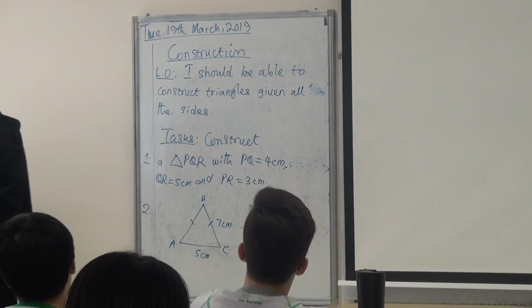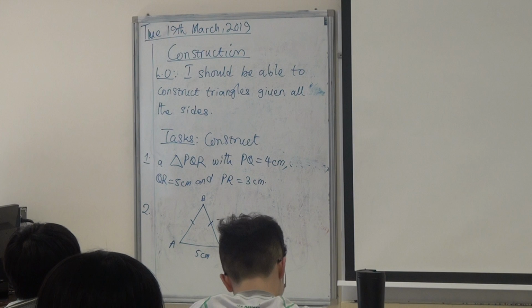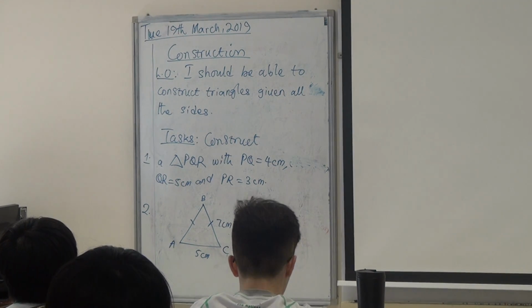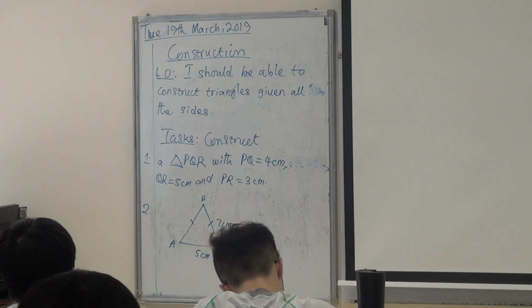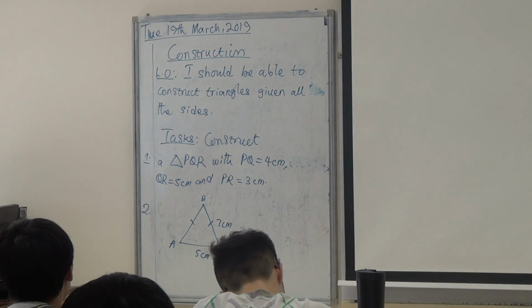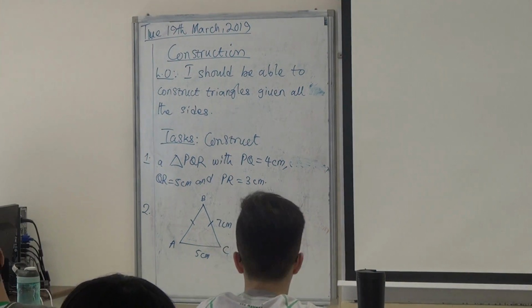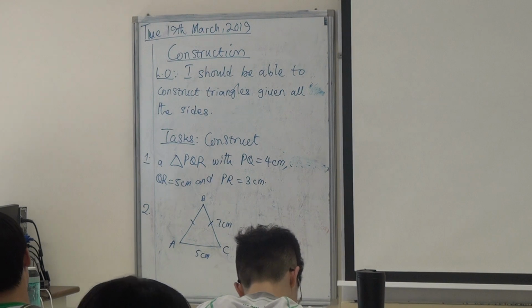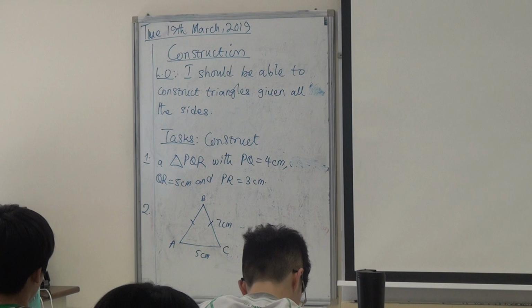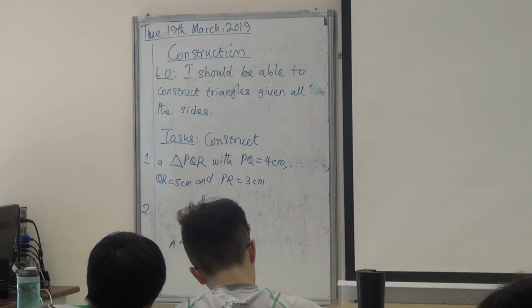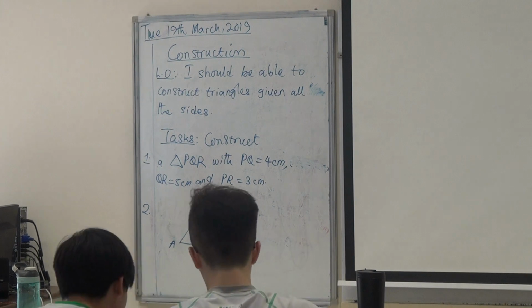You have 5 minutes to get these two out. For the construction, you are using your compass and ruler. Nobody should use a protractor or anything else. There shouldn't be any kind of guesswork. It should be a well-constructed diagram. I'll give you the steps after this, but I expect you to be able to recall this from Form 1 or Form 2 classes.